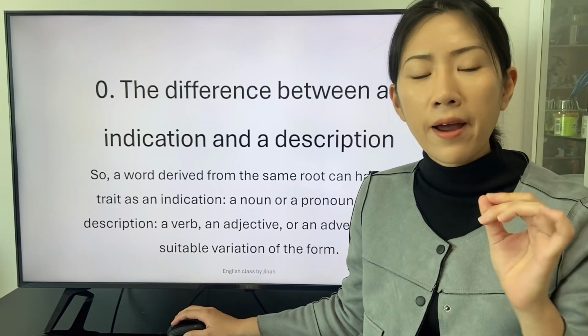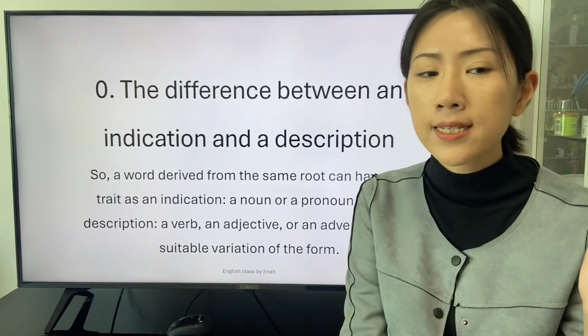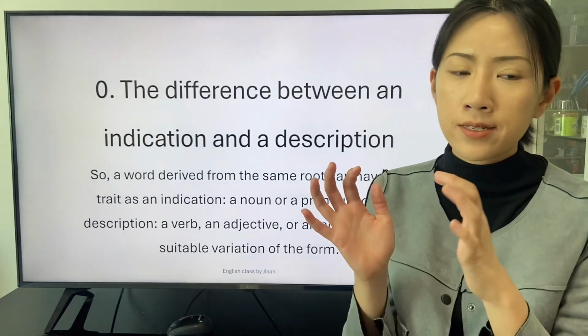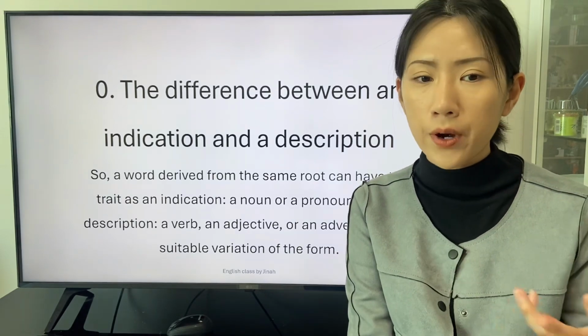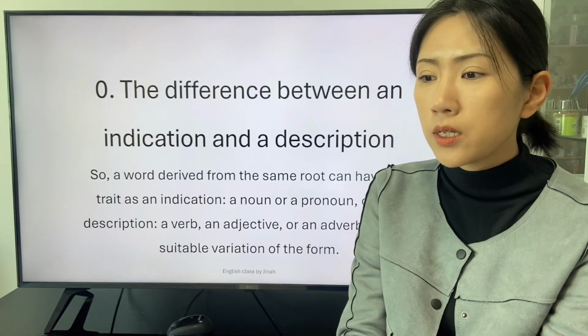A word derived from the same root can have the trait as an indication, a noun, a pronoun, or as a description, a verb, an adjective, or an adverb, with the suitable variation of the form.